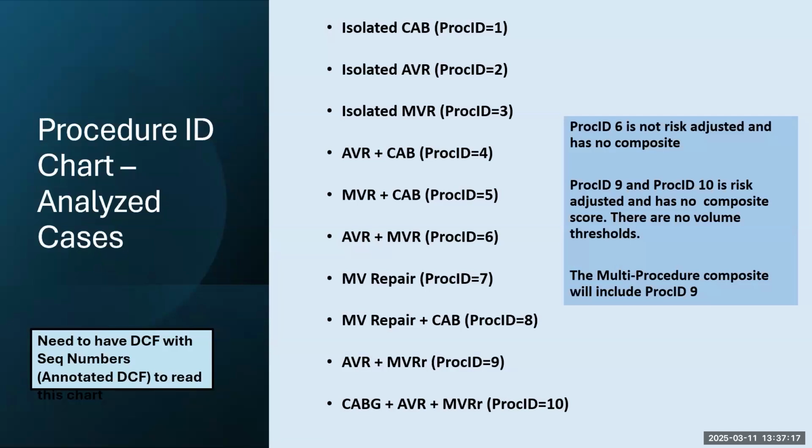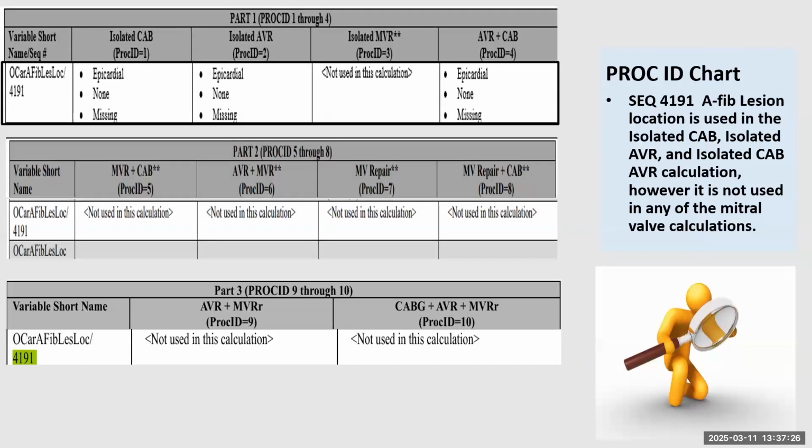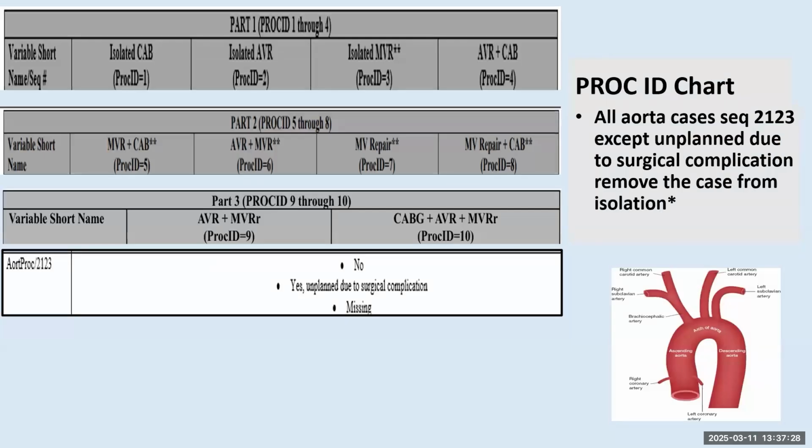Christine, please repeat the AVR aorta statement you made that affects case isolation. Okay. When you look at the PROC ID chart, you'll see aorta procedure 2123. If you code no, yes, unplanned due to surgical complication, or missing, it does not affect case isolation.